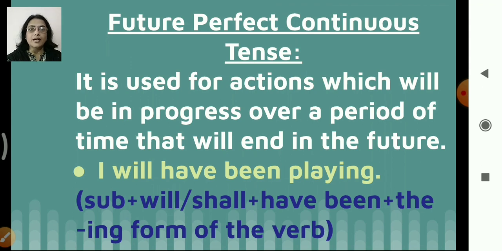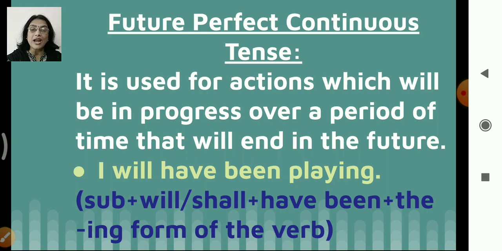Then here comes future perfect continuous tense. Now we know that perfect means it will be done, and continuous means it will be going on until it is completed in the future.